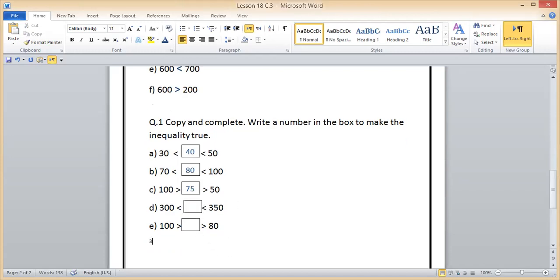You can write 301, 302, 303, 305, 310, 320, 330, even 349, but you cannot write 350, okay? So the number should be between 300 and 350. So tell me, what should you write here, guys?